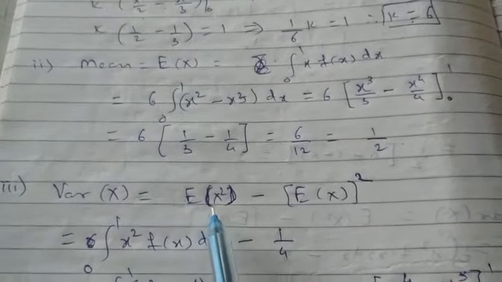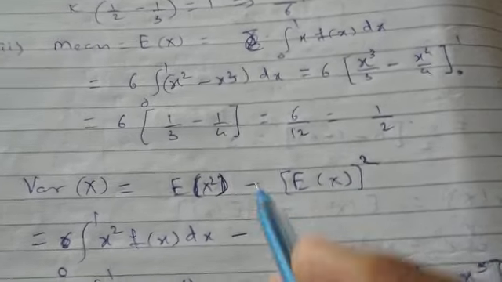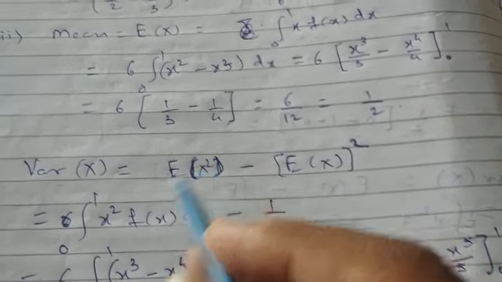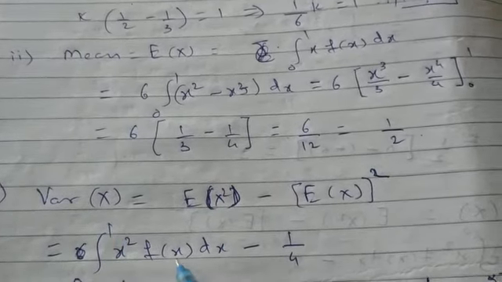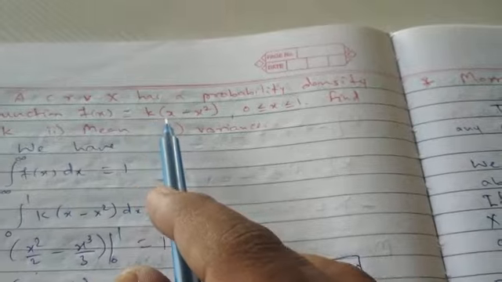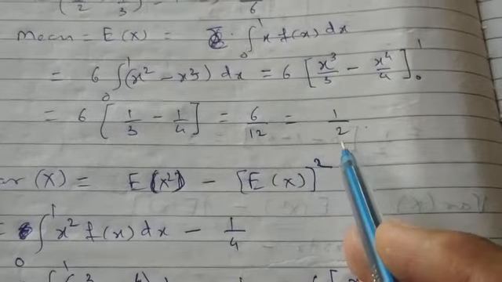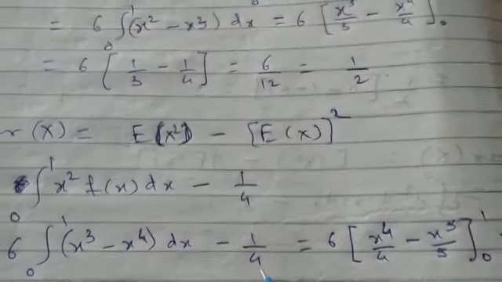Now variance of x is expectation of x square minus expectation of x whole square. We know this term. And expectation of x square is integration 0 to 1 x square f of x dx. Now multiply f of x by x square, with the value of k as 6. So x cube minus x raised to 4 dx, minus E of x is 1 by 2, its square is 1 by 4.